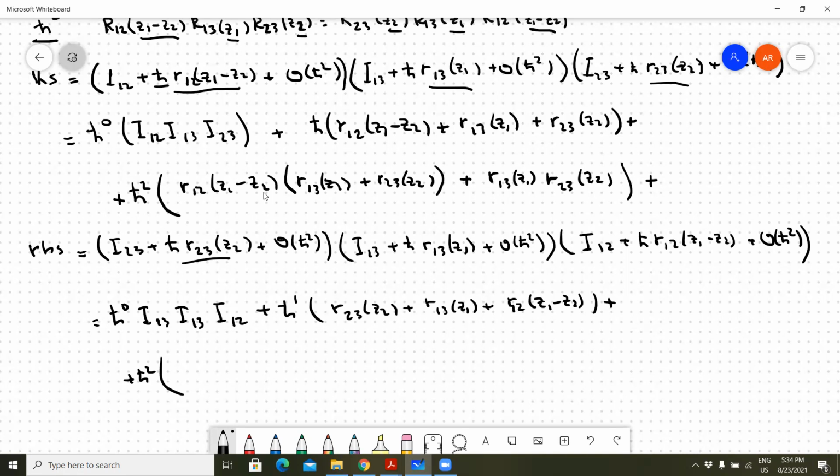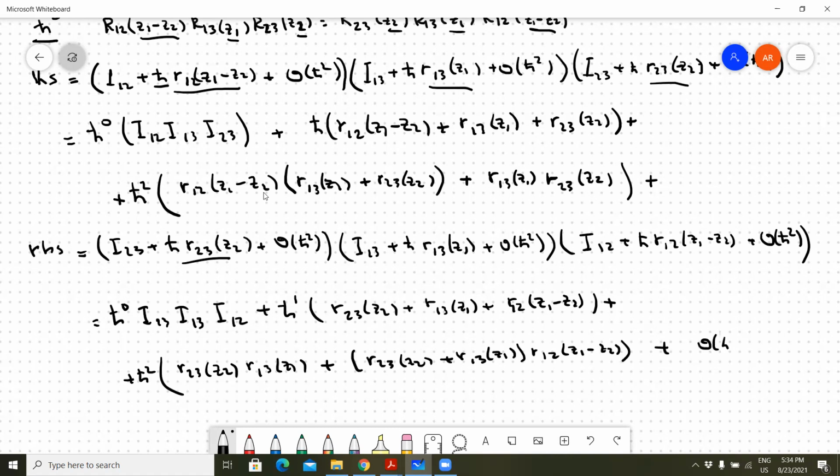We have again the product of two of them. So first we multiply these, and then we multiply either these or these by the R12. So this gives R23 Z2 plus R13 Z1 multiplying R12 of Z1 minus Z2.